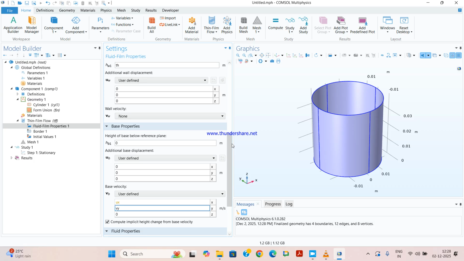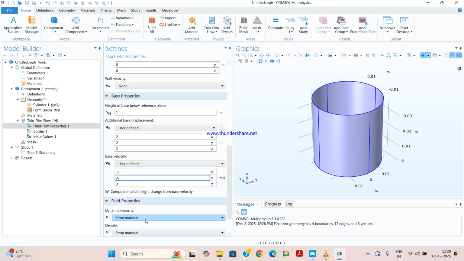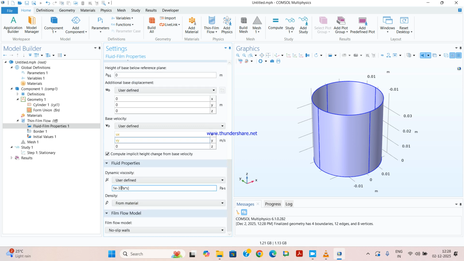Okay, then the parameters: viscosity, let us take some arbitrary value, 0.01.